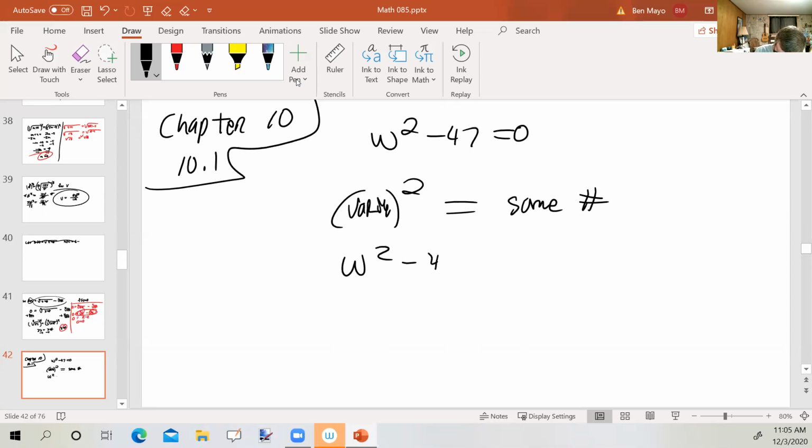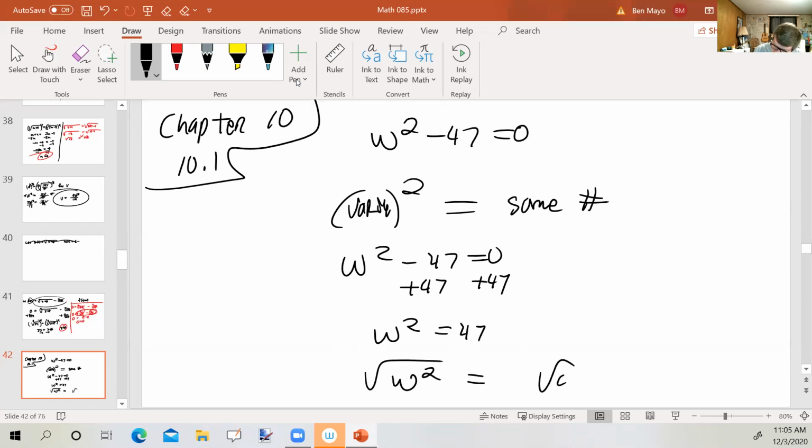Okay, so how am I going to get there? Well, I'm going to add 47 to both sides. W squared equals 47. Then I'm going to take the square root of both sides. But when you've got an equation with a variable involved, you've got to apply a plus or minus to the square root of 47. So w equals plus or minus the square root of 47. Recall two things.